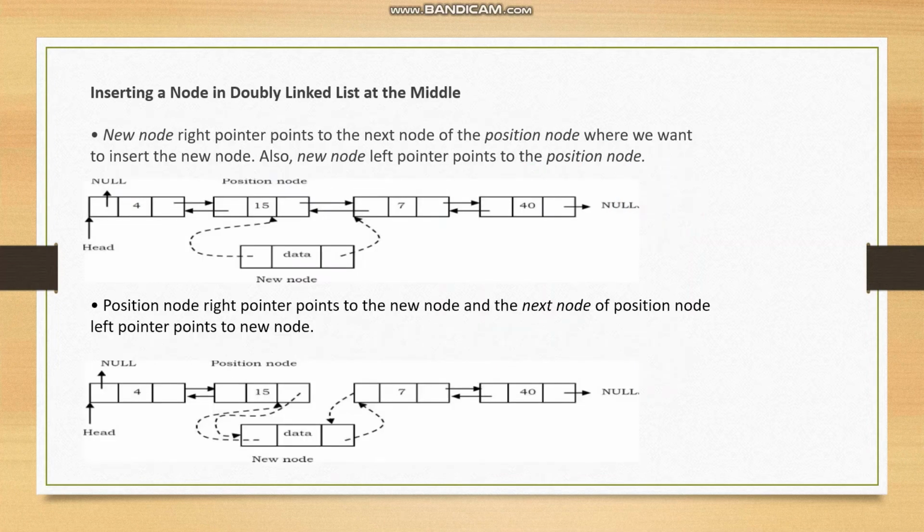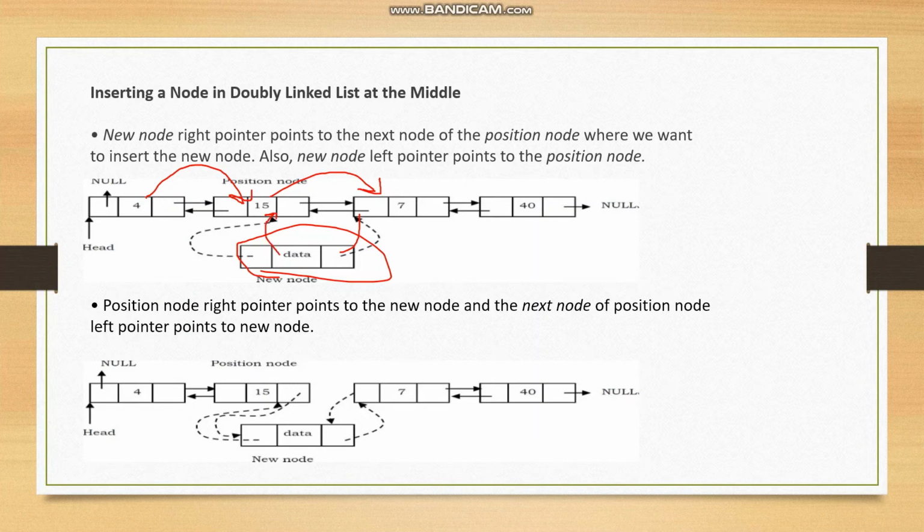Inserting a node in a doubly linked list in the middle. Here we will have to come to the position where we have to insert the node. In that case, we have to insert the node at the third position, so we will have to come to the second position here. We will create a new node, point the next of that new node to the fourth node here, as you can see, and the previous of that node to the second node.